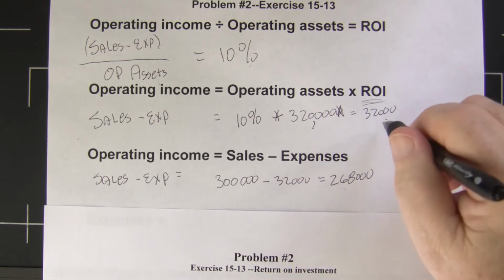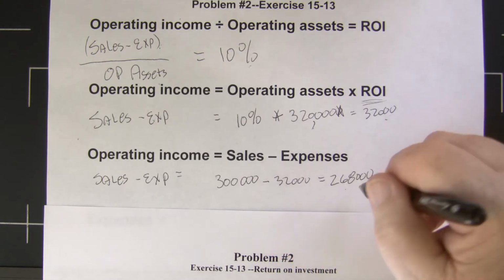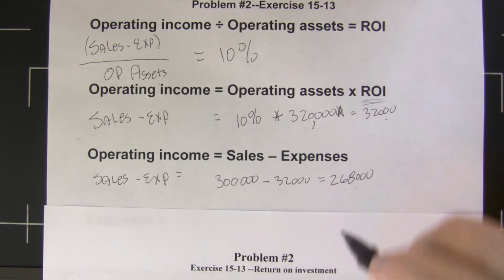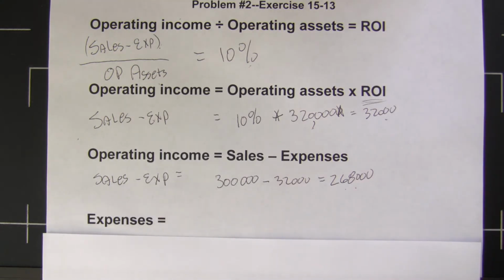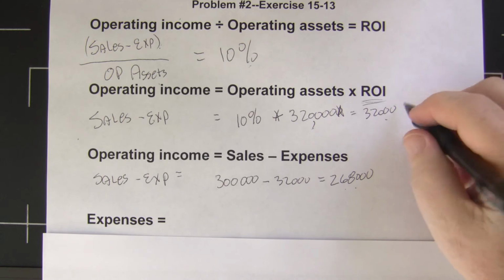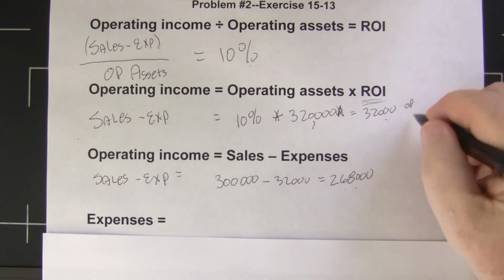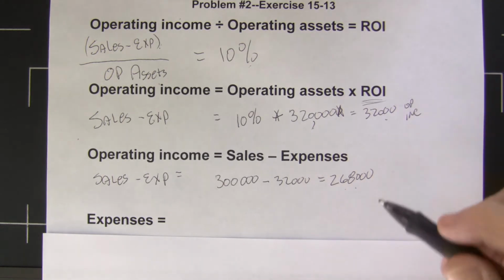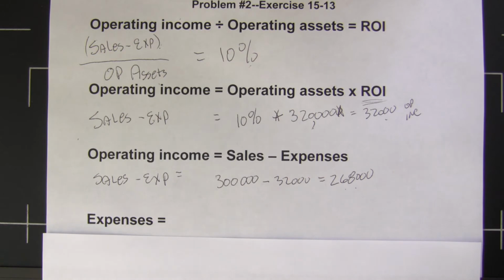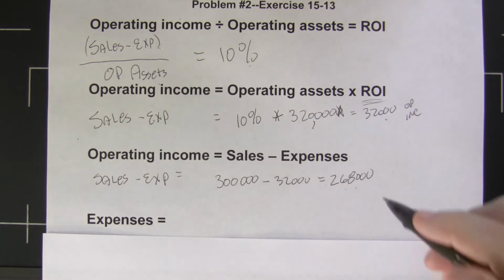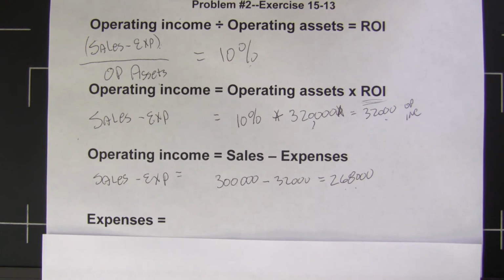So what did the expenses have to be? $268,000. Because this is really the operating income, 10% of our operating assets. So our expenses are 268.